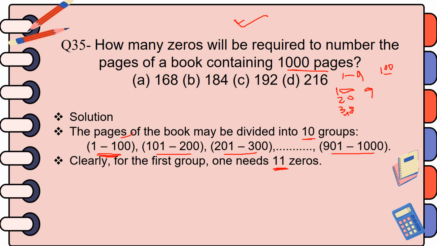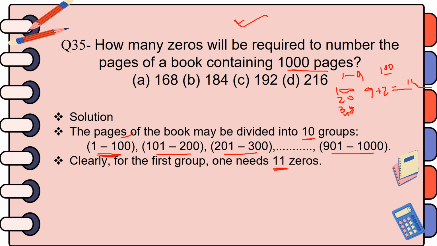Then 9 plus 2, there are how much? 11 zeros. For the first group, there are 11 zeros.